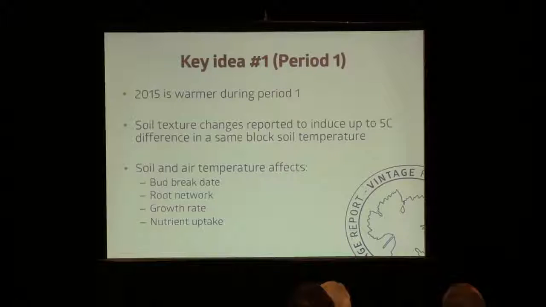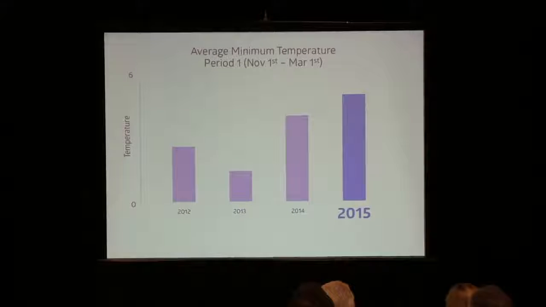Now, if we look a little bit more at the edges, when you try to capture the variability seen in temperature, you can look at extremes. Here, I chose to focus on minimum temperature during period 1. And what is really surprising, if we look at the last 4 years, is that extreme temperatures are getting higher. This is true with maximum temperature.